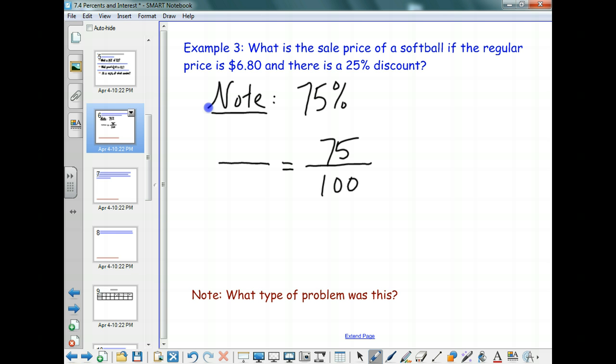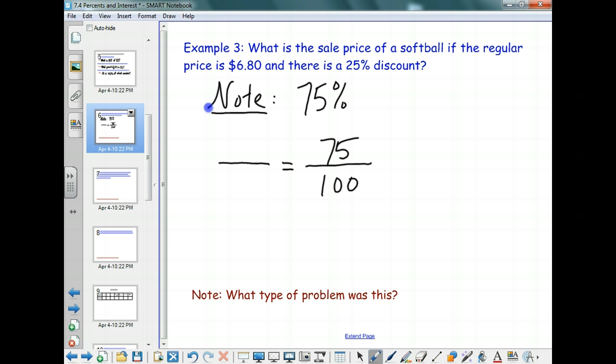All right, and then on the other side are going to go the amounts of the two different products. One amount will go on top, and one amount is the amount we don't know, and it'll go on top or bottom. I mean, we don't know which things go. We have to make that decision, and that decision is made based on how much we've got going on. This one says the softball's regular price is $6.80. So is the $6.80 the 75% price or the 100% price?